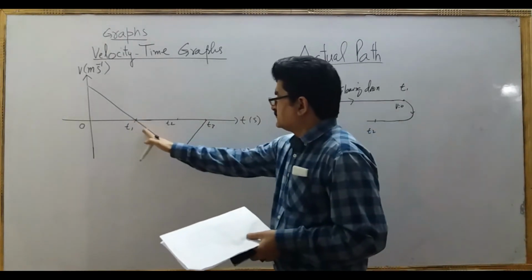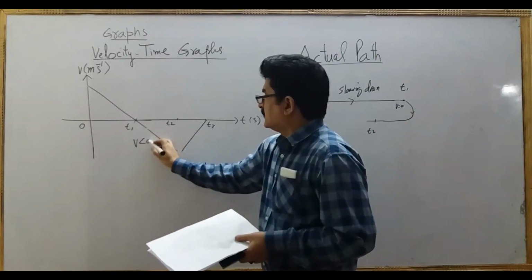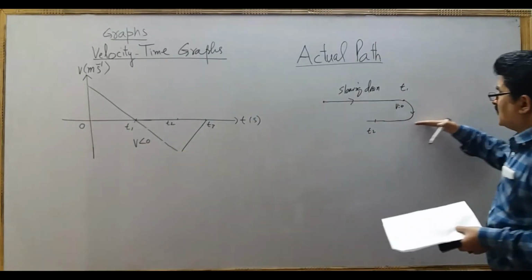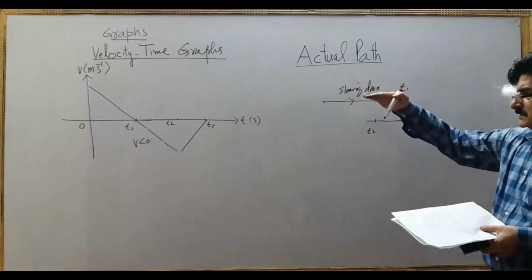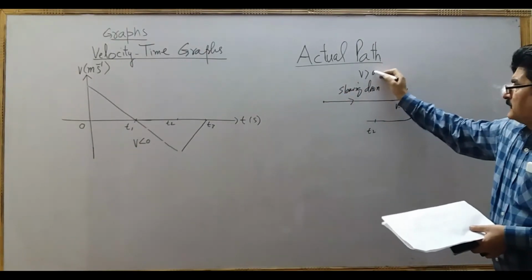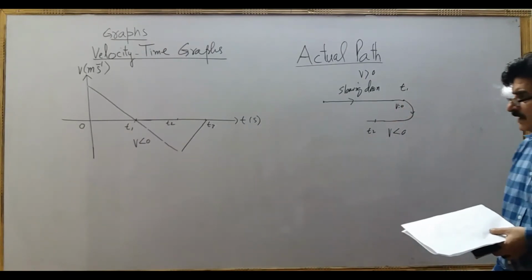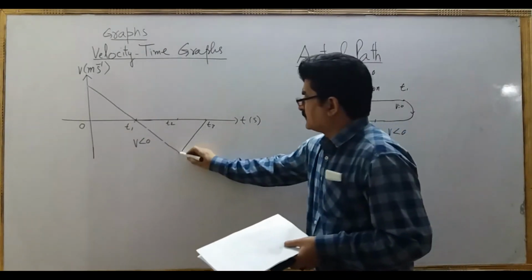We are taking velocity positive in the right direction and negative in the left direction. So that's why the graph is going down.